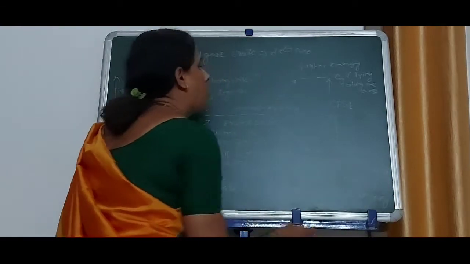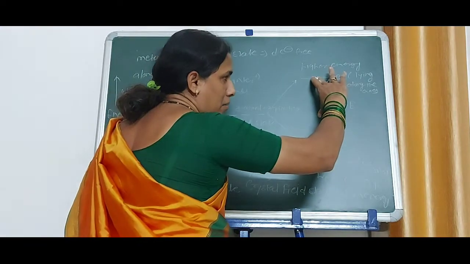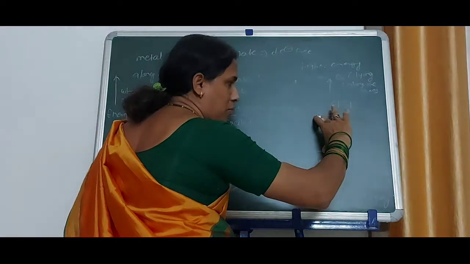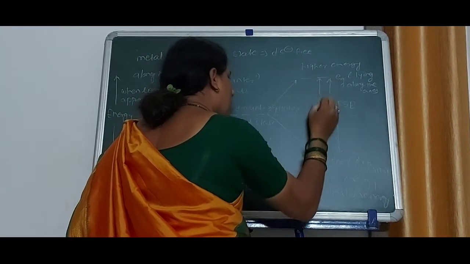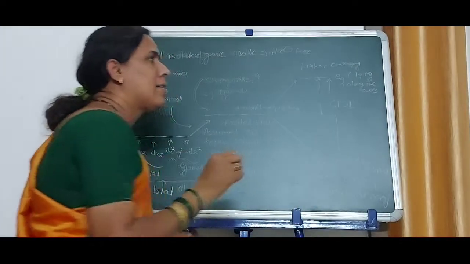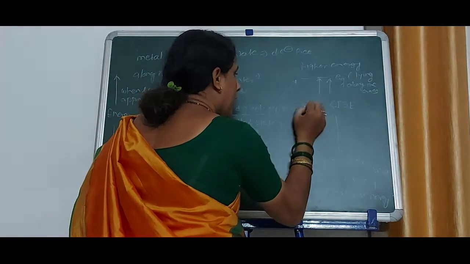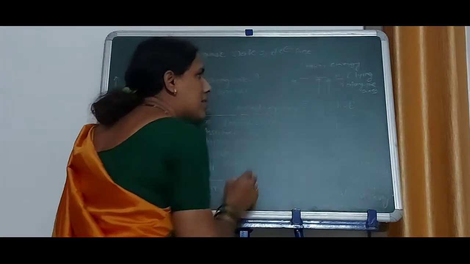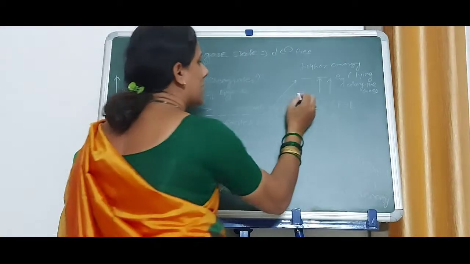Now, what is the value for this portion? Total d orbitals are equal to 5. How many orbitals occupy the higher energy? That is 2 orbitals. Remaining how many? That is 3.